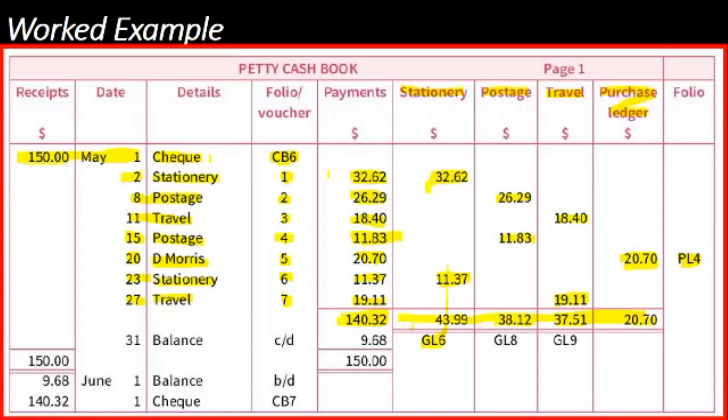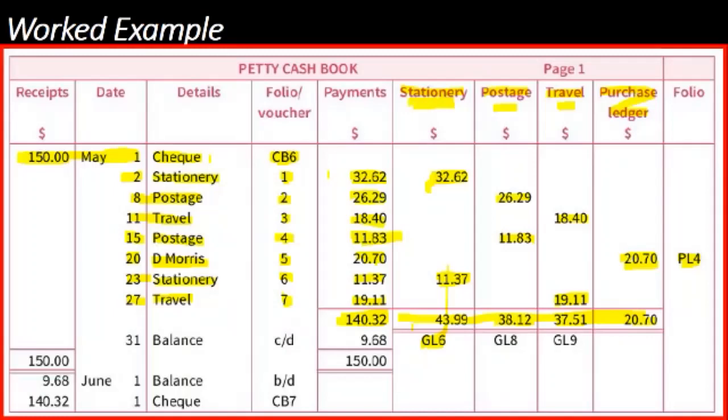Notice they are not the names of persons, so they will not go in the personal ledgers for the creditors or the sales. Okay, they go in the general ledger. GL is for general ledger, and 6 is for the page number. So on page 6, we should find the stationery account that we're going to post it to.